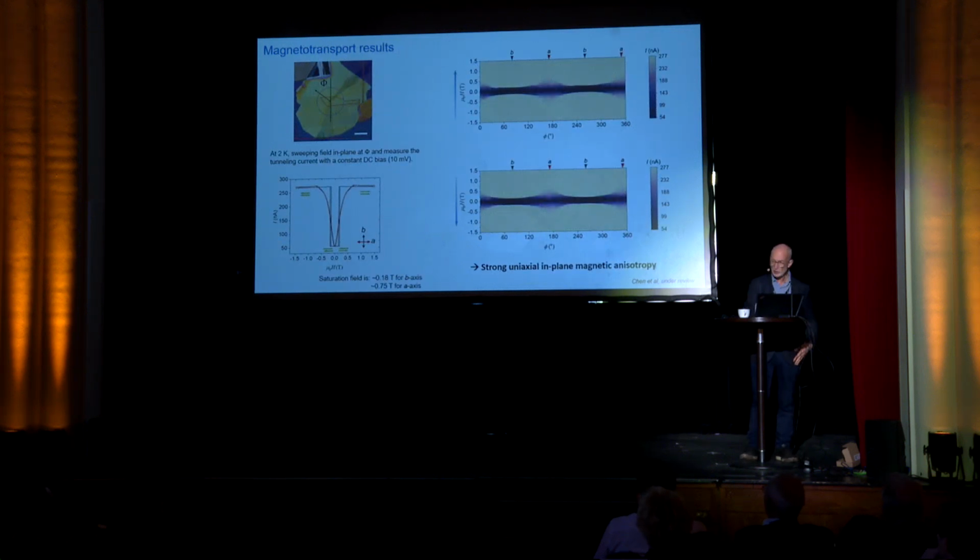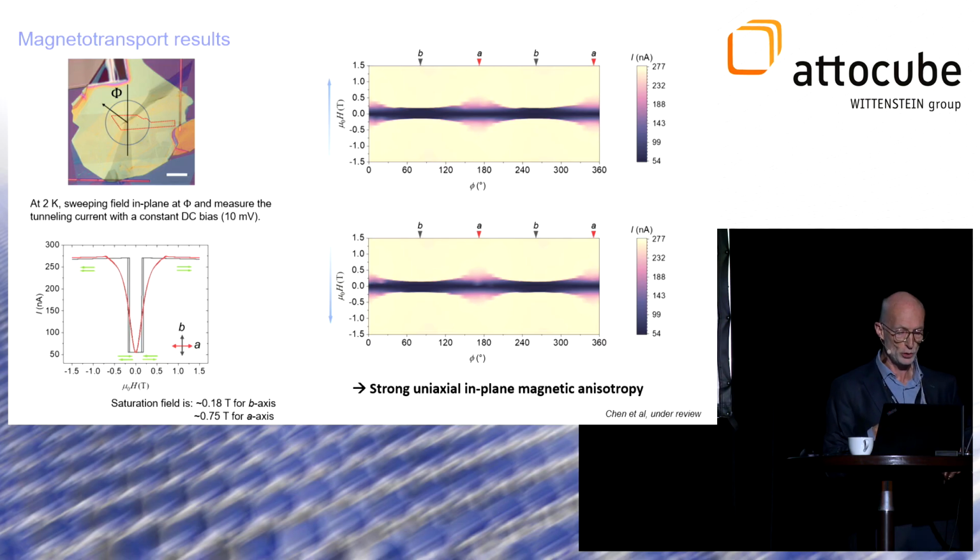And what do you see? Well, just like the chromium chlorine 3 case, you see that the current is very, very small in the quiescent state where the two layers in the bilayer are antiparallel. But when you apply a big enough field, then you see a giant increase in the conductance when the two layers are parallel to one another.